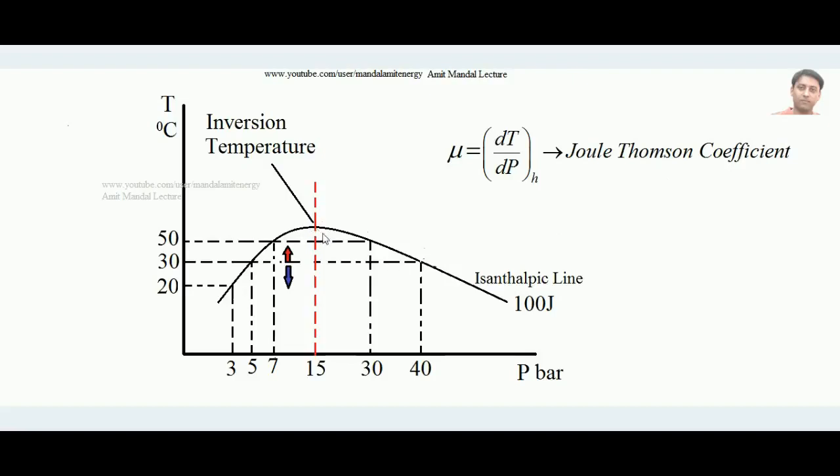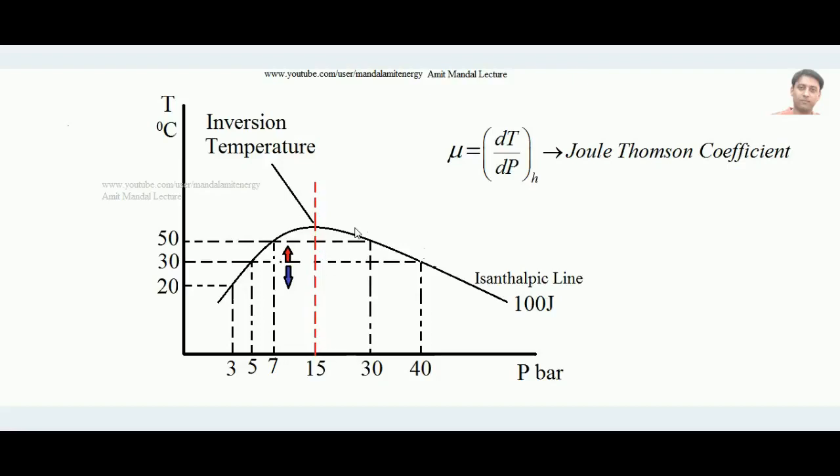You see that this curve also has its maxima. Over here the temperature is maximum; there is a maximum temperature beyond which the gas temperature will not go. That temperature is called the inversion temperature, or also the maximum inversion temperature.